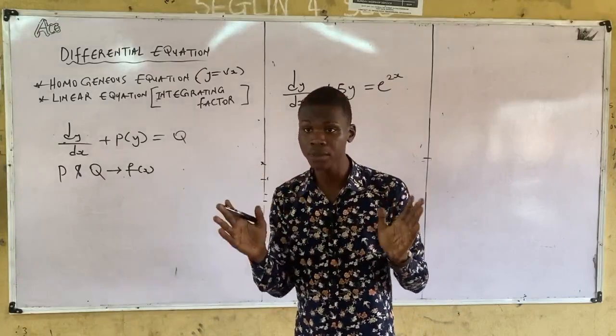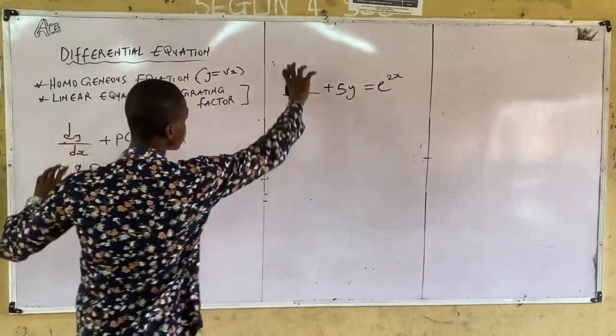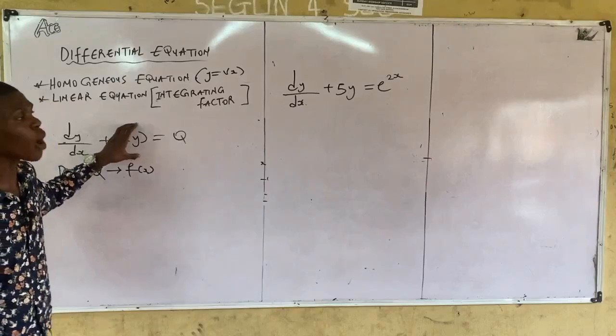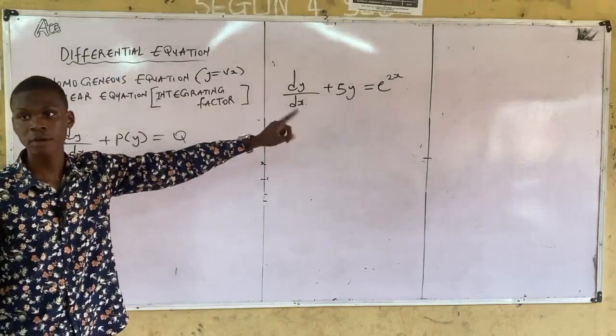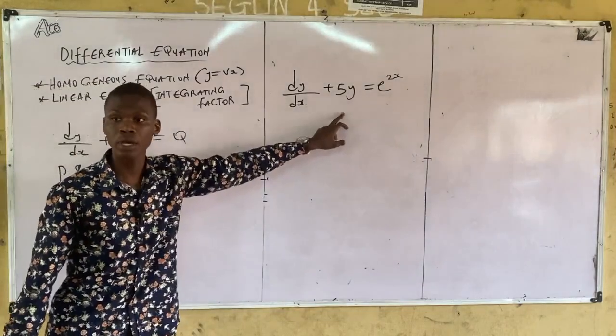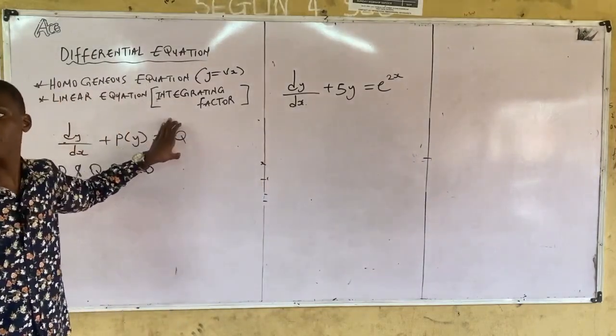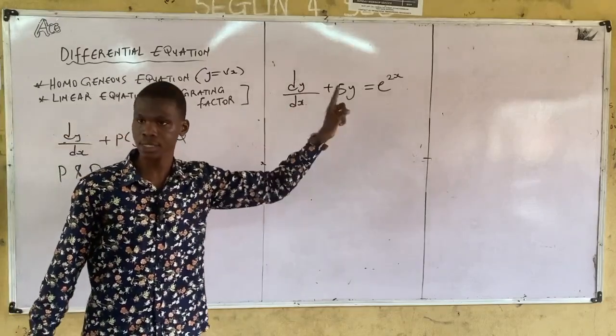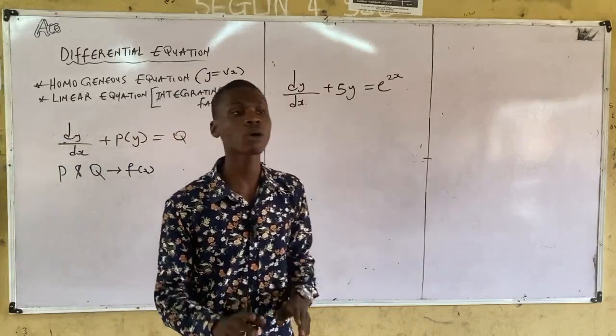They are the same. This is dy, this is dy. We said p is a function of x. What will be the value of p here? 5. This is y, this is y. q is also a function of x. What will be the value of q here? Exponential 2x.